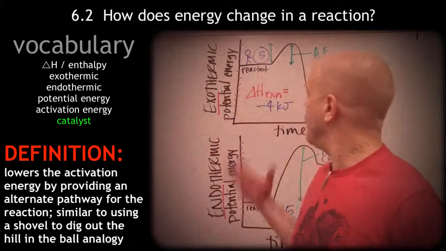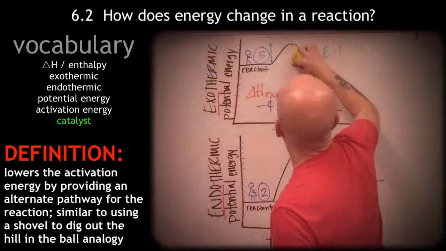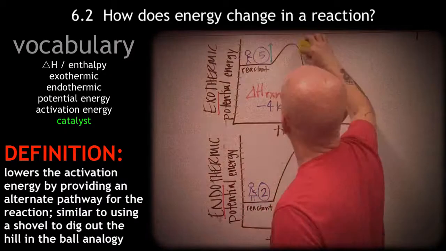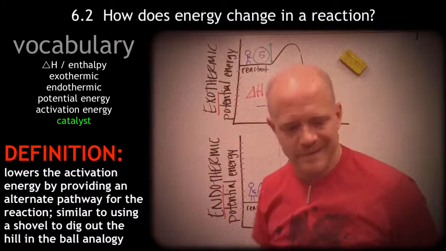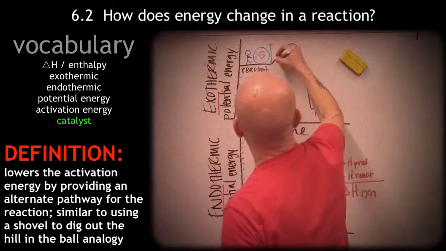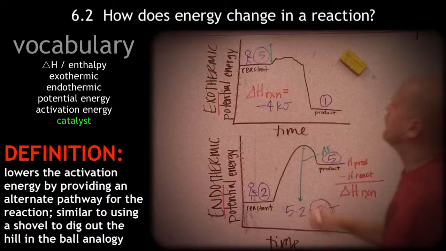And a good way that you can think about an enzyme or a catalyst is it's like a shovel. To get this ball over the hill, you still got to roll the ball up a hill, but you don't want to roll it that much. So you get a shovel, and let's say you dig out a path. So there we go.